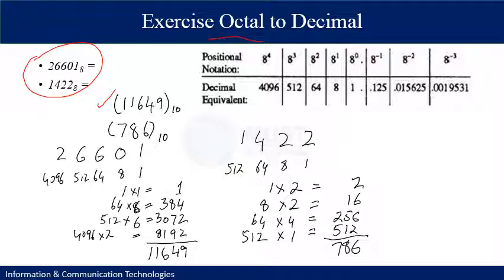As you can see, again you multiplied each value with its location base power. In this case, the first digit was multiplied by 1, the second by 8 raised to power 1, then 8 raised to power 2, 8 raised to power 3, and 8 raised to power 4. So you multiplied each digit with its base power, and then you get these values as a result.